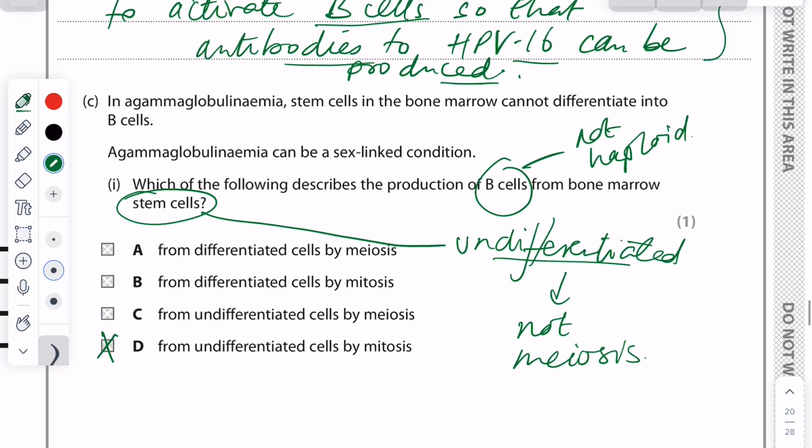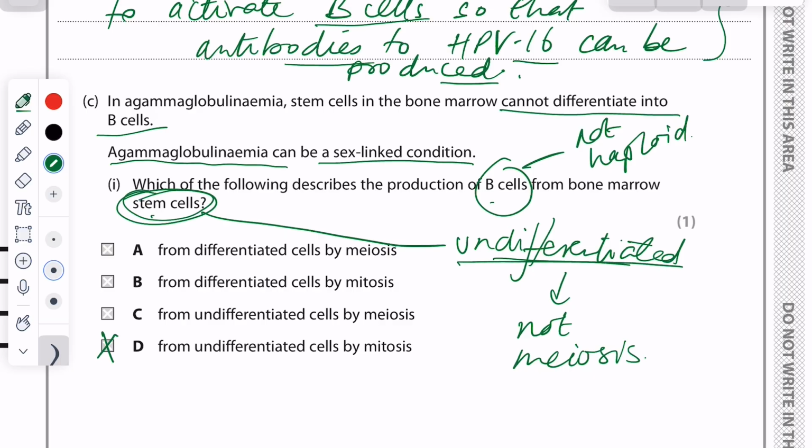Okay, agammaglobulinemia. Stem cells in the bone marrow cannot differentiate into B cells. Agammaglobulinemia can be a sex-linked condition. Which of the following describes the production of B cells from bone marrow stem cells? So stem cells are undifferentiated cells, okay, and B cells are not haploid cells.